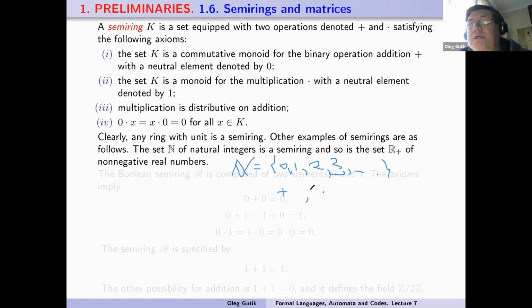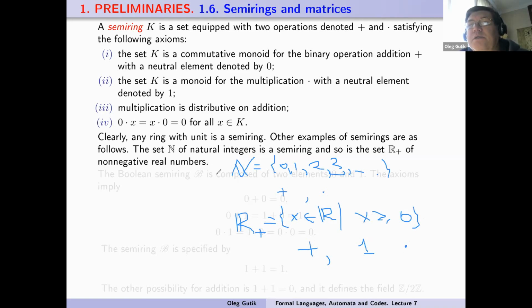Also, if we consider the set of positive real numbers, we get a similar result. 0 is a neutral element with respect to addition, and 1 is a neutral element with respect to multiplication.